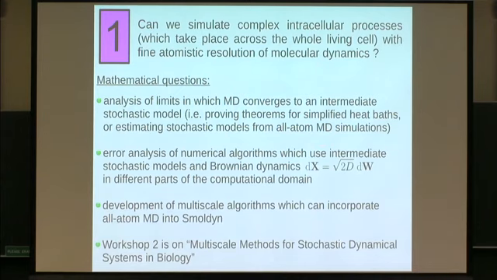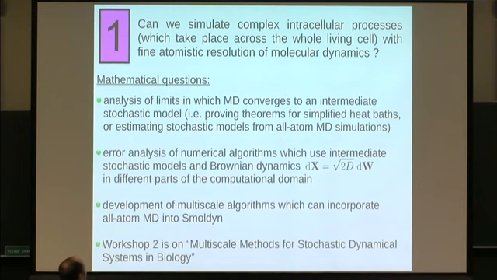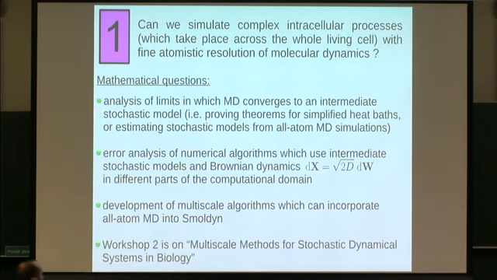Another mathematical challenge is the error analysis of these numerical algorithms which use these intermediate stochastic models and Brownian dynamics in different parts of the computational domain. So how the error depends on the time step of the simulation and on the discretization. And then ultimately we could work on developing multi-scale algorithms which can incorporate this all atom molecular dynamics simulation into Smoldyn, which is one of the Brownian dynamics software packages several participants of the program work on.